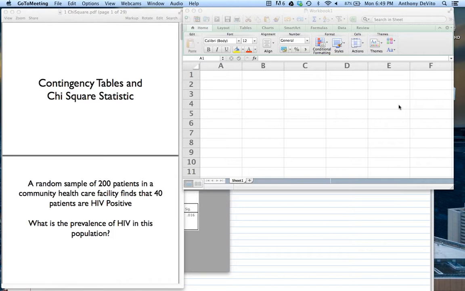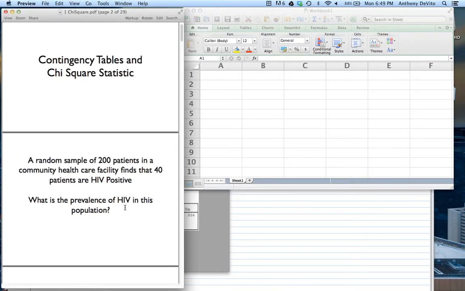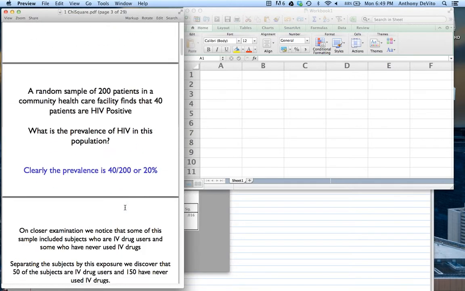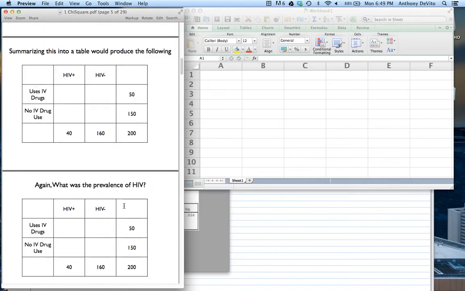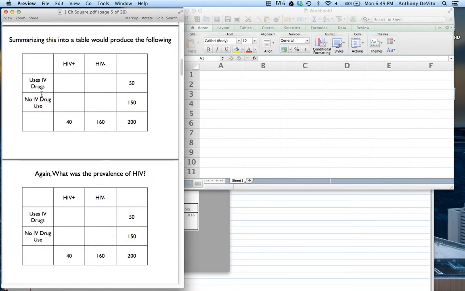I've got a good example that we're going to take a look at right now, where we're looking at two variables. One variable is whether a person is HIV positive or not, and the other variable is whether or not they use IV drugs. Both of these are categorical variables.